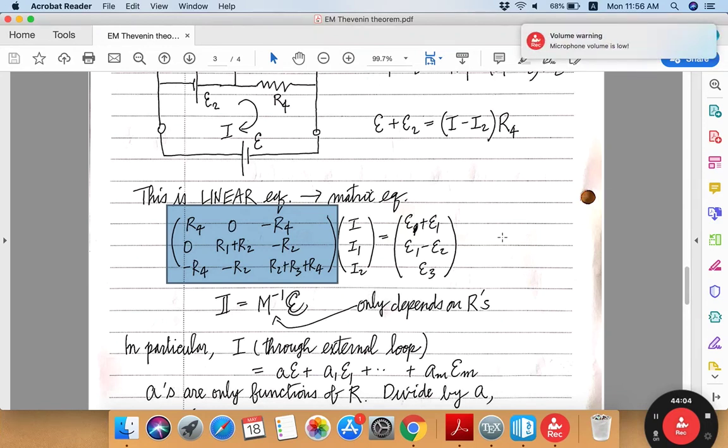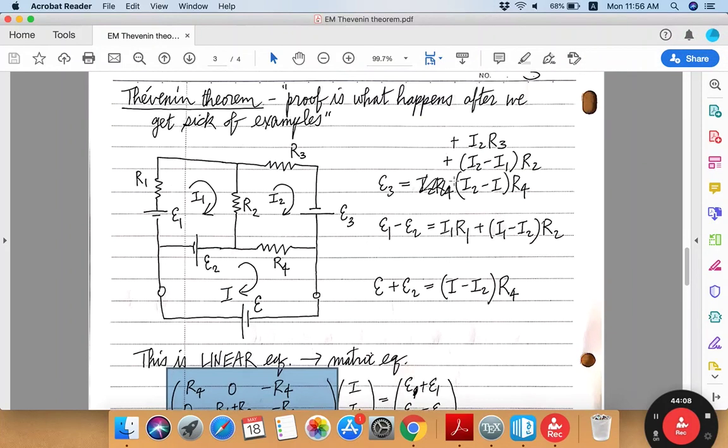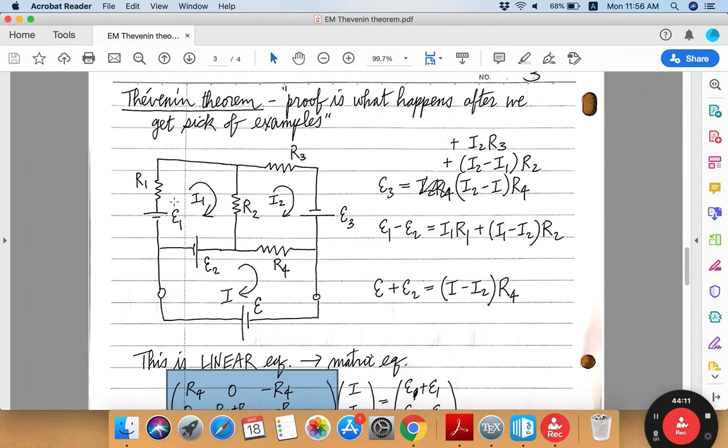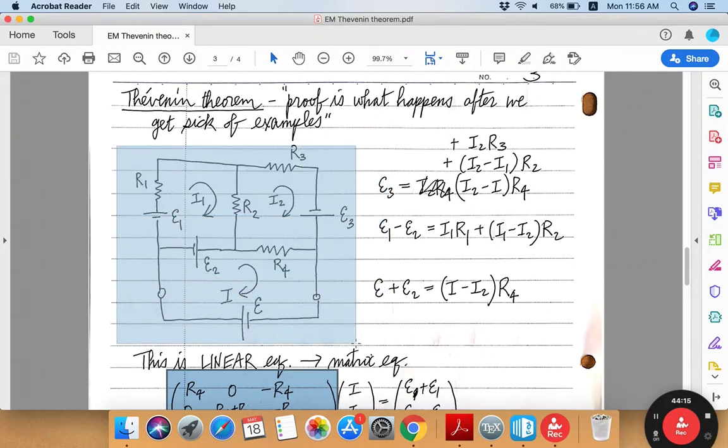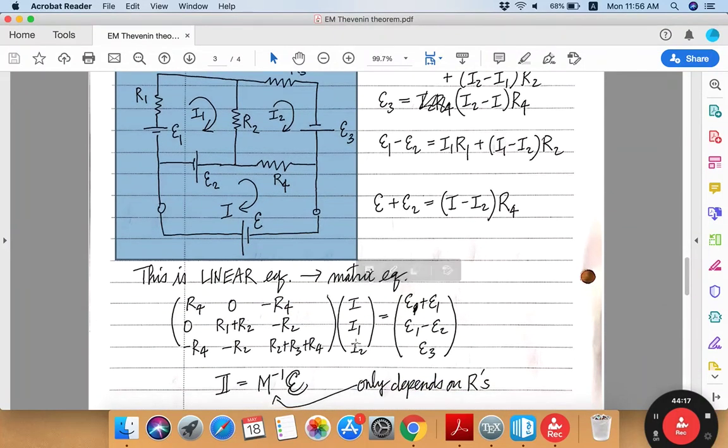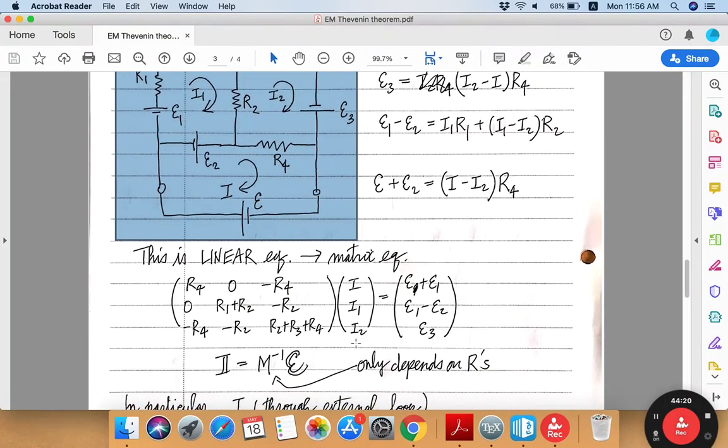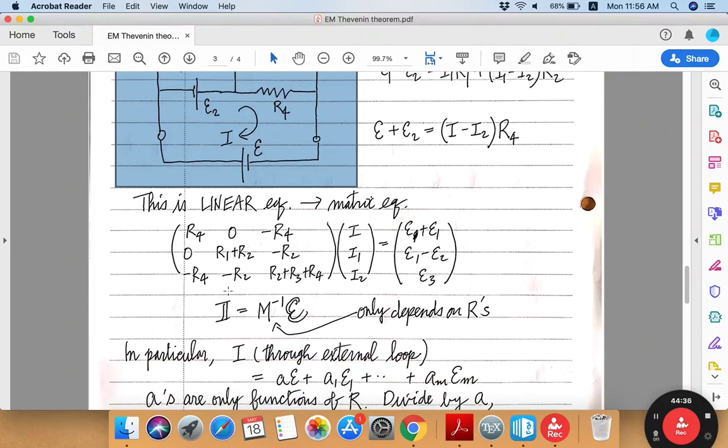And this is not just a lucky coincidence that happened for this problem. This is the kind of thing that will happen for any problem consisting of arbitrary number of resistances, arbitrary number of EMFs in whatever manner of connection. It doesn't matter.